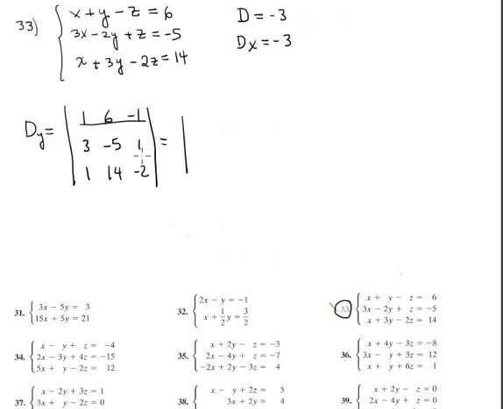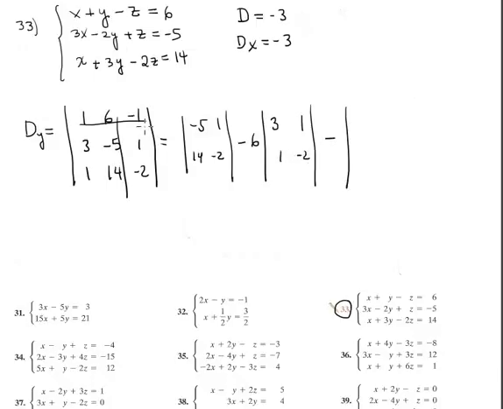It is 1 times negative 5, 1, 14 and negative 2. Minus 6 times, delete this and this, it is 3, 1, 1, minus 2. Minus, delete this and this, it is 3, negative 5, 1 and 14. Multiplication 2 by 2 determinant.